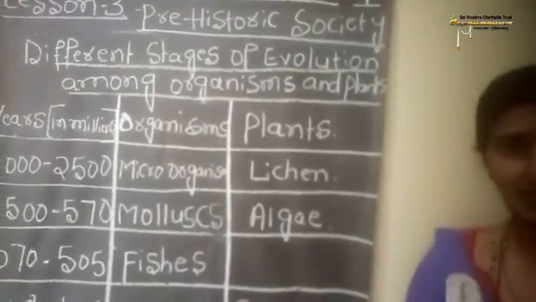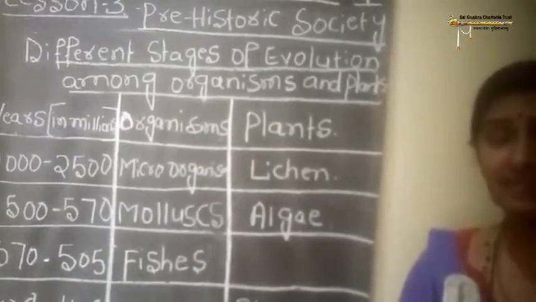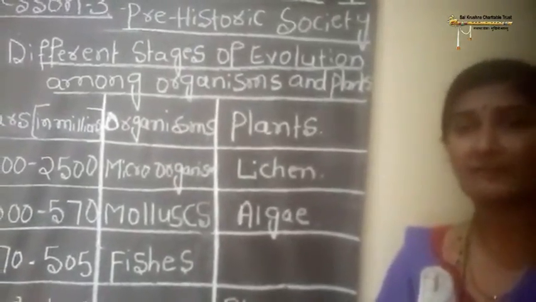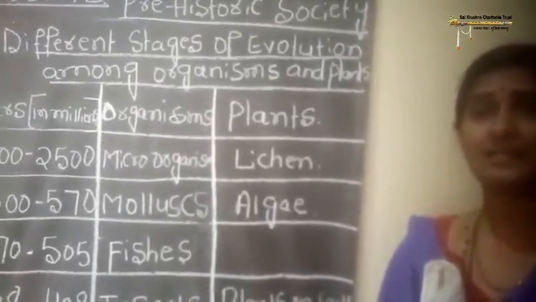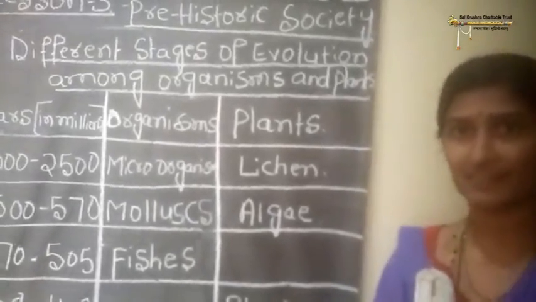The scientists say that the Earth was born 4,600 million years ago. We will all be eager to know which was the first organism that came into existence on the planet Earth.